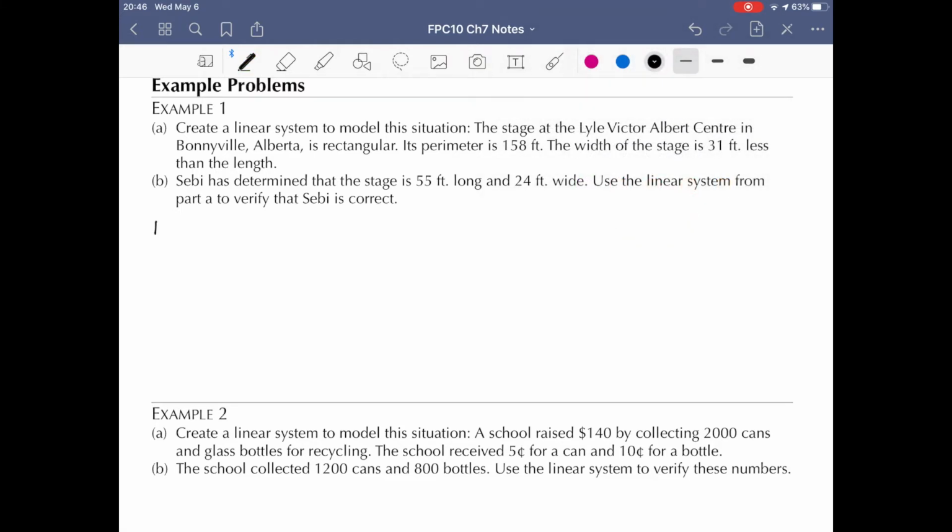Step 1, define variables. So what is it we're asked to find out that we don't know about? Well, one of them is width. So W is equal to width of the stage.